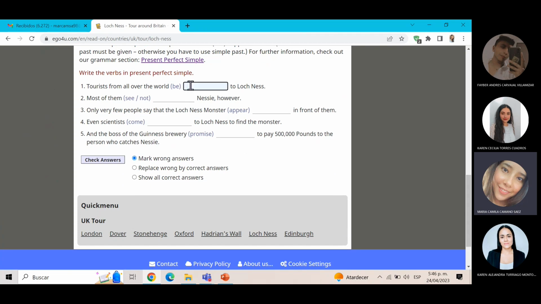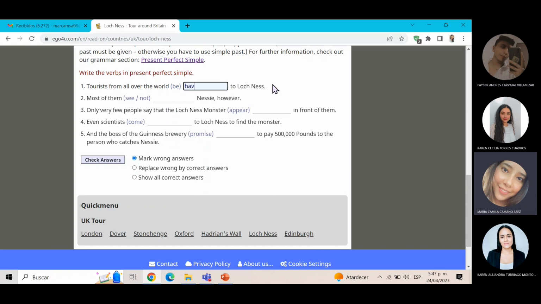We have to write the verbs in present perfect simple. Who wants to participate with the first one? What is the auxiliary in this case, have or has? Have.